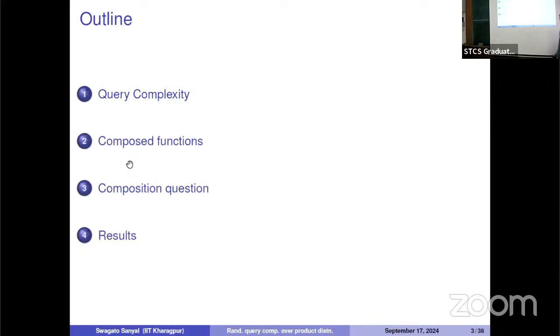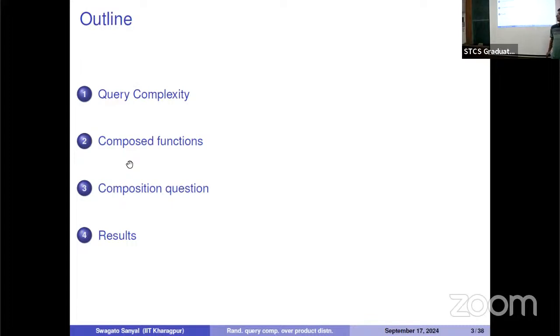So this is the outline of this talk. Let's talk about a model of computation called the query model, that I'll introduce to you in the first part. In this talk, we'll analyze complexity of Boolean functions with respect to this query model, and we'll focus on a class of Boolean functions called composed functions that I'll introduce in the second part of the talk.